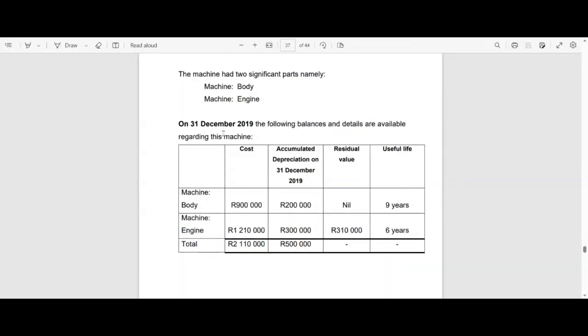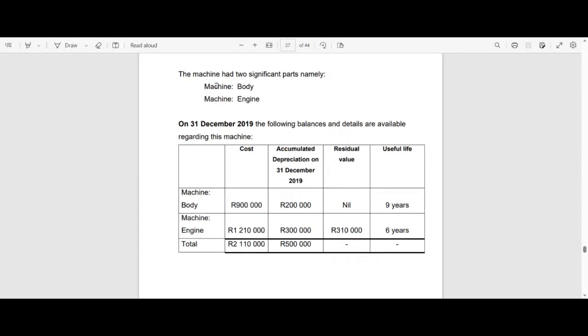They say on the 31st of December 2019, the following balances and details are available regarding this machine. So remember, our overall asset is a machine. So when it comes to our depreciation, we're going to only disclose the depreciation on the machine.